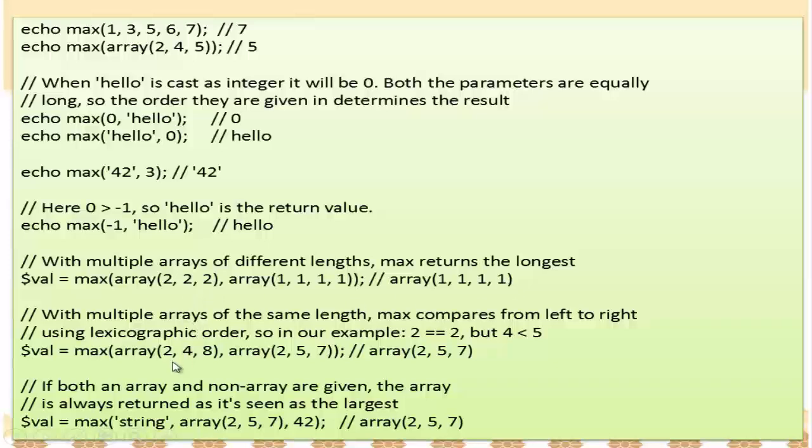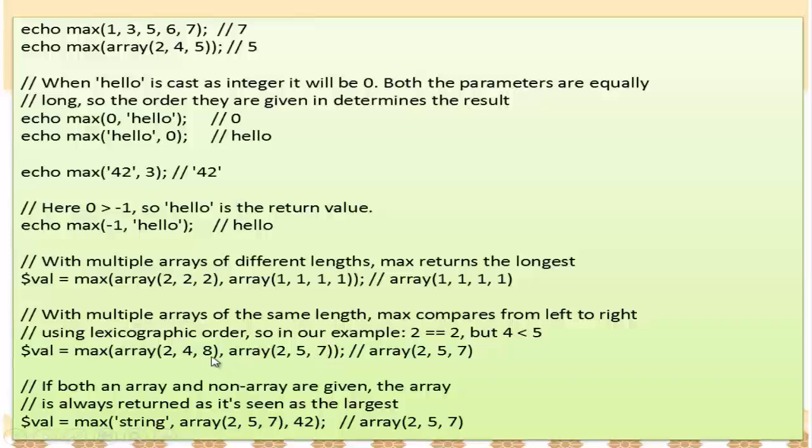In the other case, arrays have the same size. Both of them have the same size. In this case, it will start comparing one array with the other array. So it starts comparing 2 with 2. Both are same. So after that, it will go with the 4 and the 5. But it finds that 5 is greater than 4. Then it decides that this is the highest one.